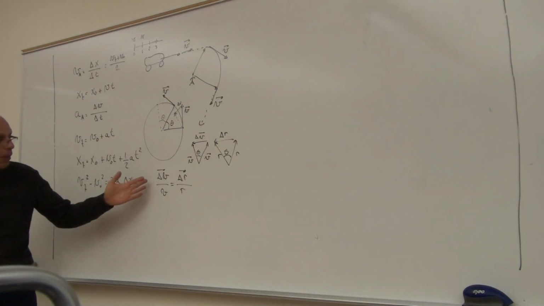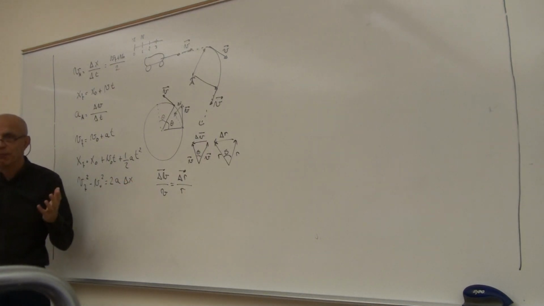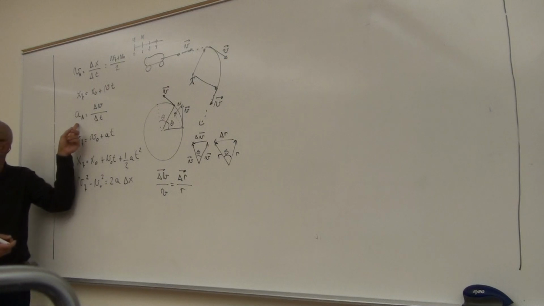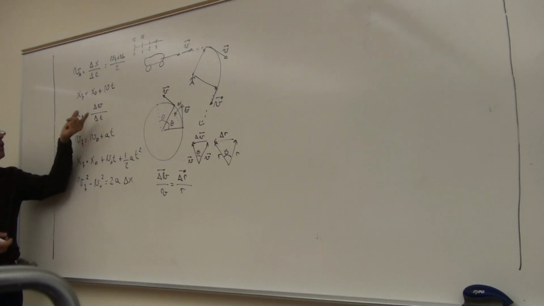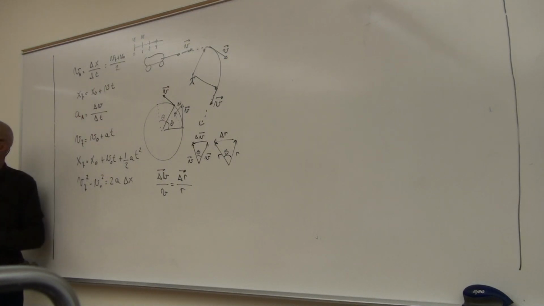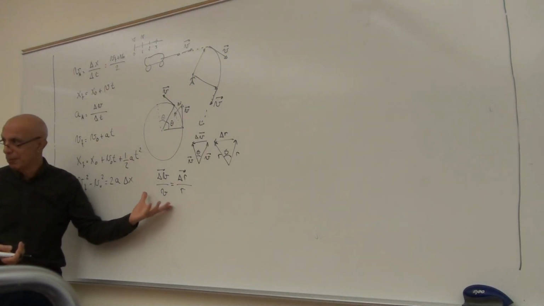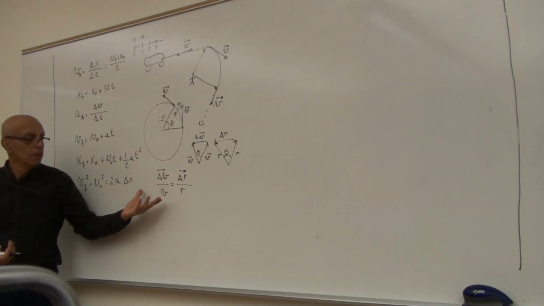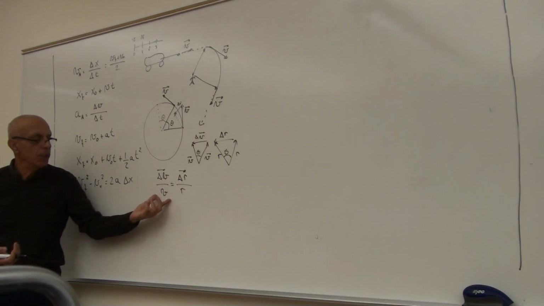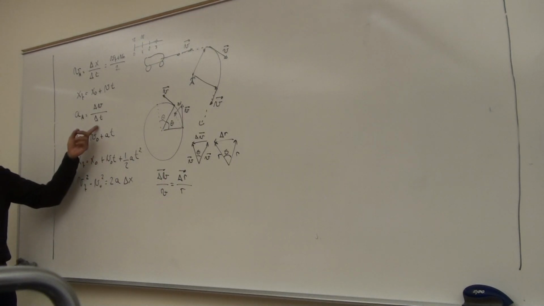Now, how can I calculate acceleration here? What is the formula for acceleration? The definition of acceleration is delta V over delta T. Does anybody have any suggestion how I can find acceleration here? What do I need? I have delta V, I have V, but I need the time.